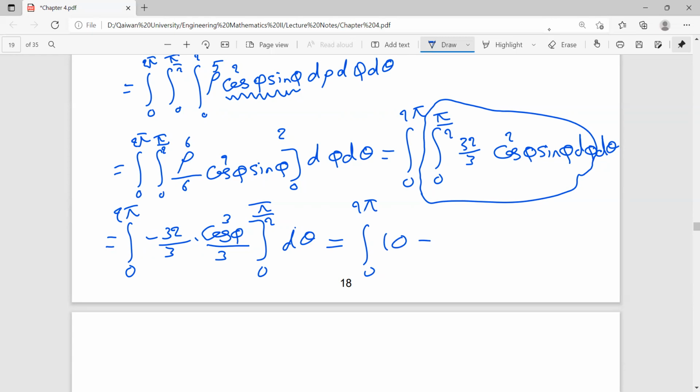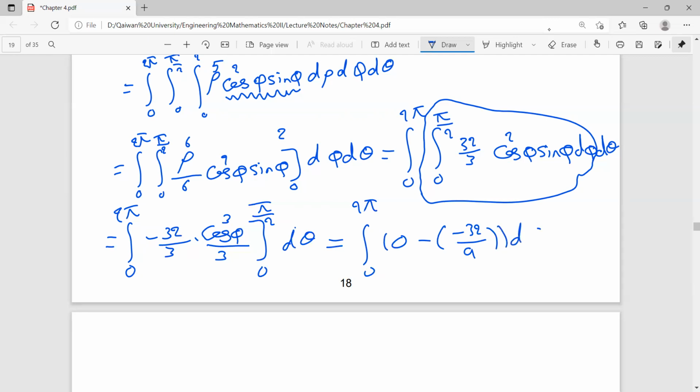And then we replace by 0. Cosine of 0 is 1. 1 over 3 is 1/3, multiplying by minus 32 over 3. It is minus 32 over 3 times 1/3, which is minus 32 over 9.